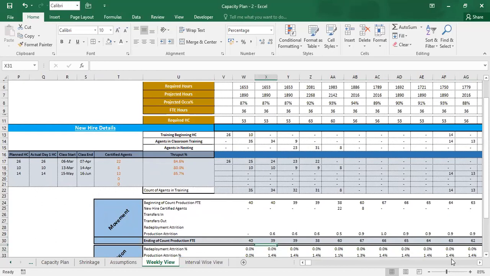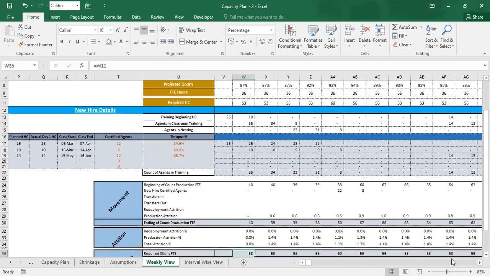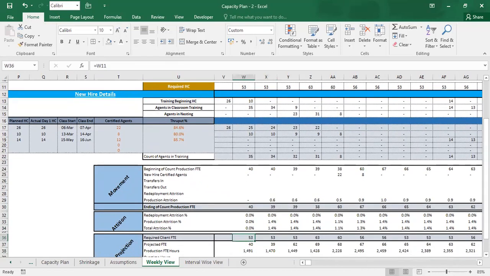So here you can see the week ending head count I got, and this is the attrition that I have taken on my assumptions, and this is the required head count.